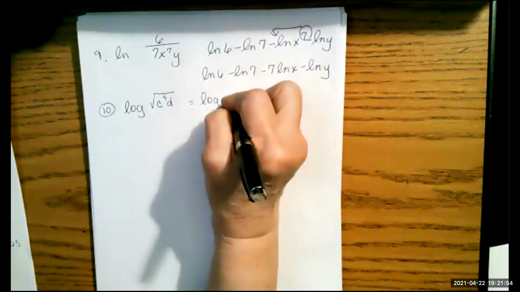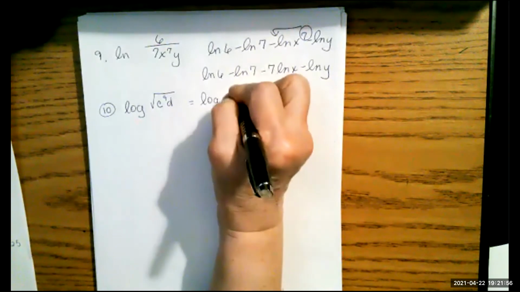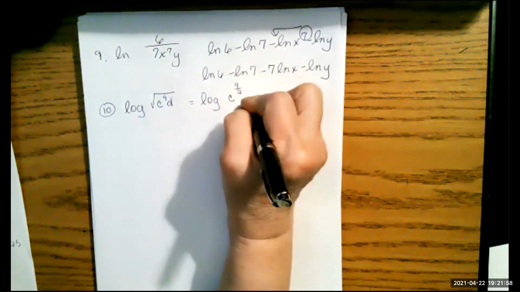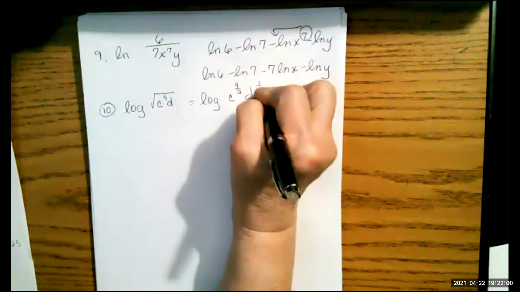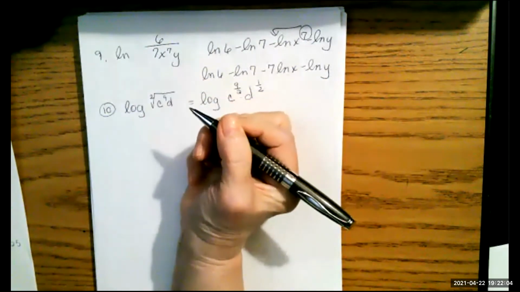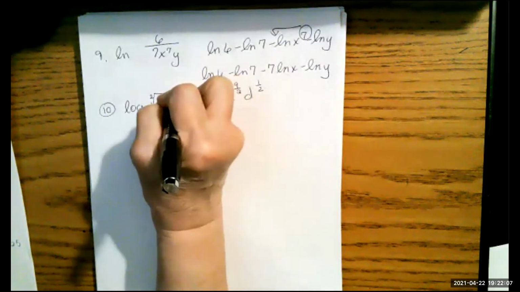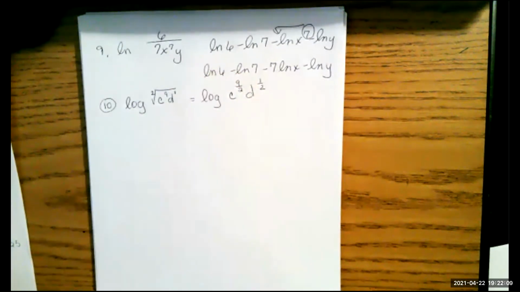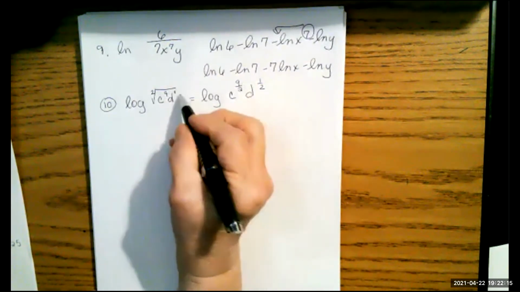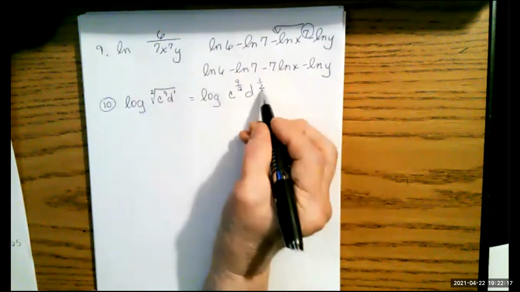So c would be to the 9/2, and d would be the 1/2, because a square root has an understood index of 2, and d has a little exponent of 1. So we would do exponent over index, which would make 9/2. Exponent over index would make 1/2 on the d.